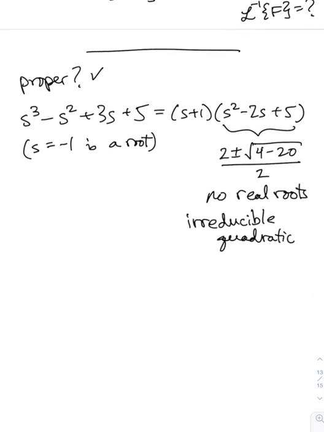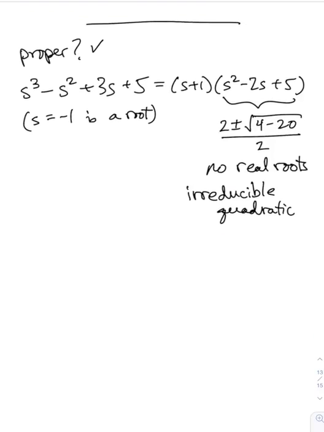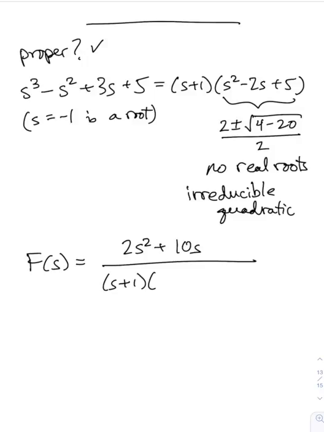All right, so if I've got an irreducible quadratic, then I stop factoring it, and I take my original function, F of s. I've got 2s squared plus 10s on the top, and on the bottom I've got that factored expression, s plus 1 times s squared minus 2s plus 5.